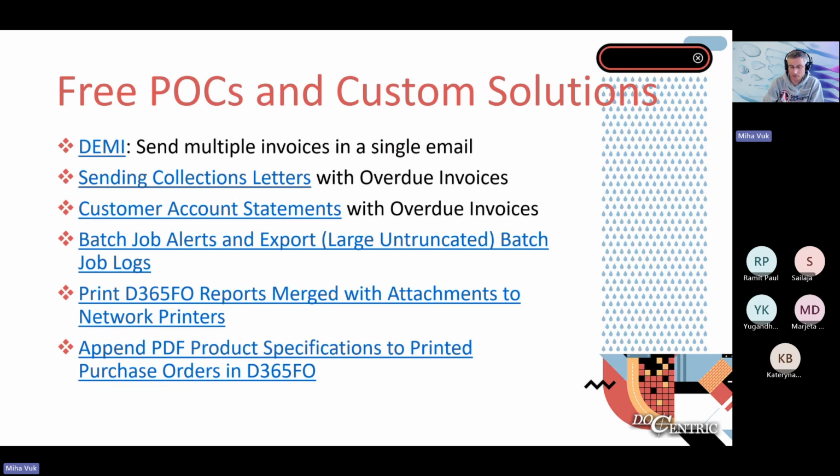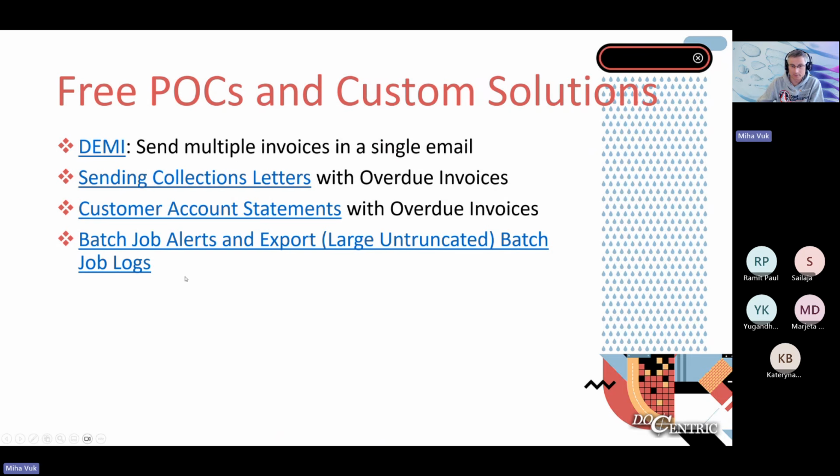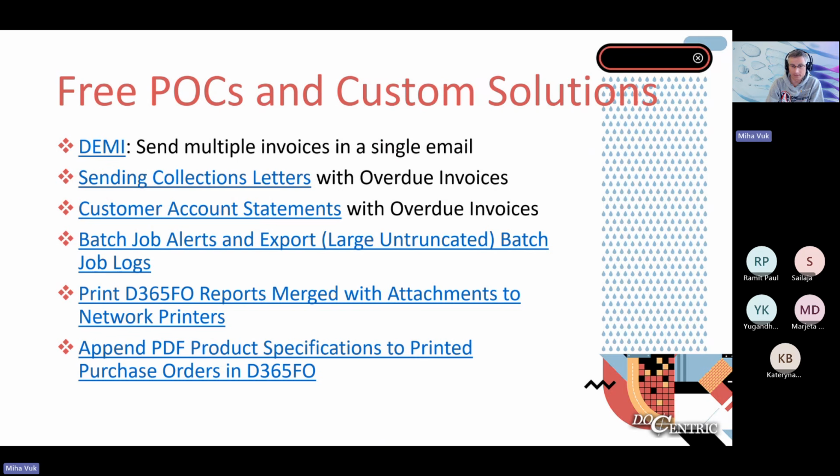And with these bad job alerts you can get an email that really contains all the relevant information to see what was wrong, including the info log, which is not the case for the standard alerts. Then you can merge a report document with some other attachments and put them together in an email or print them together to the network printer.